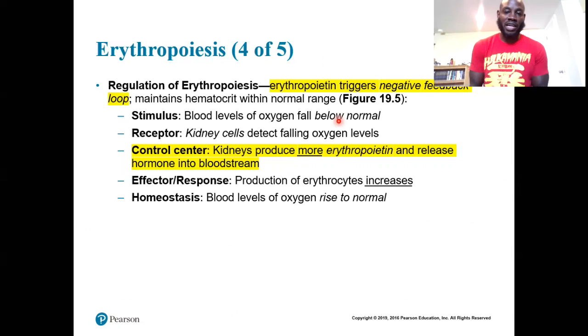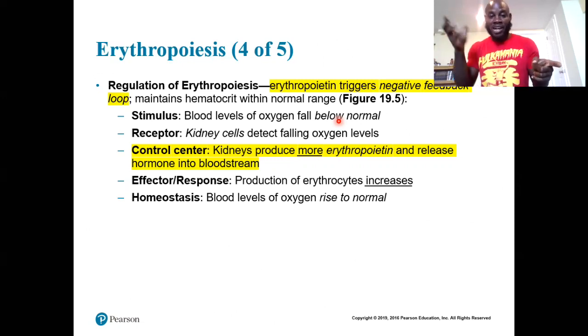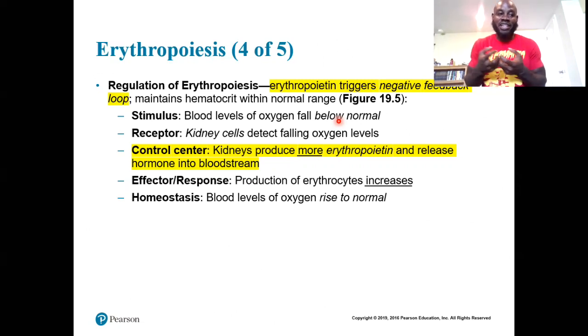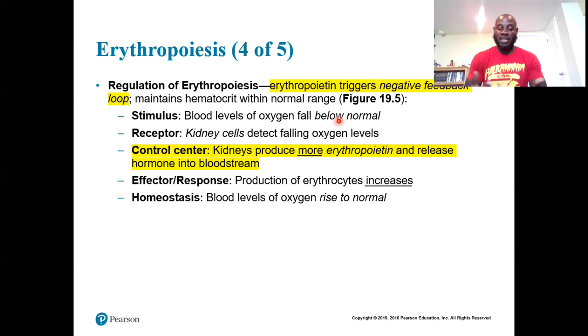Kidney cells detect the falling oxygen levels. When we talk about the urinary system, we're going to talk about how all of your blood goes through your kidneys. That's how your blood is flushed out. Now, oxygen comes into your blood at your lungs. Carbon dioxide leaves your blood at your lungs. But in your bloodstream, you also have waste products, which are not carried inside of the red blood cells but in another portion of the bloodstream, and we haven't really gone into details about them yet.